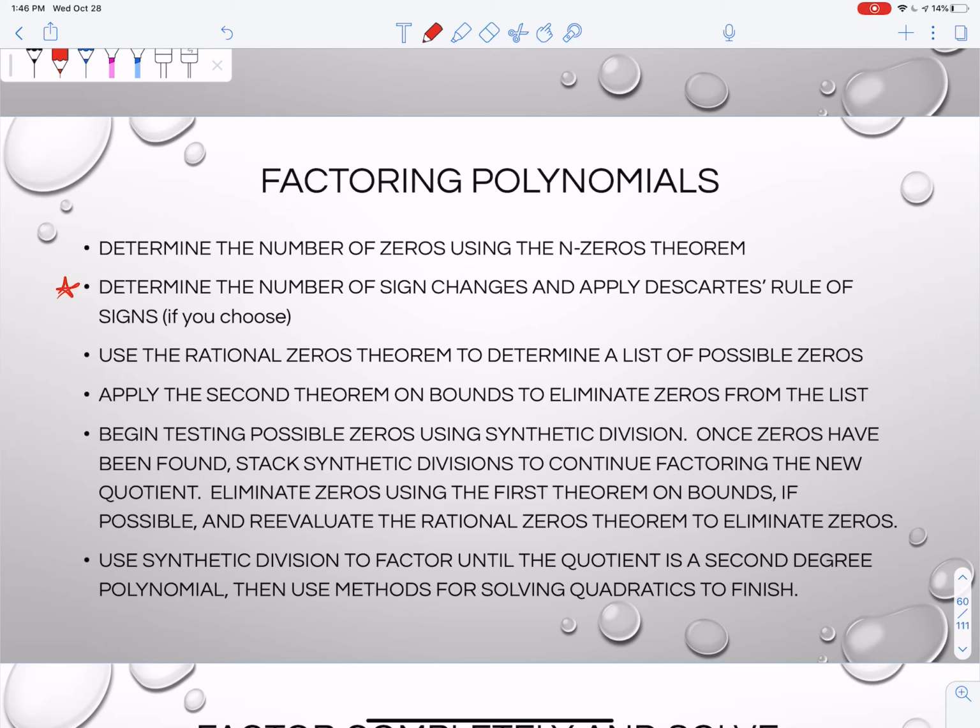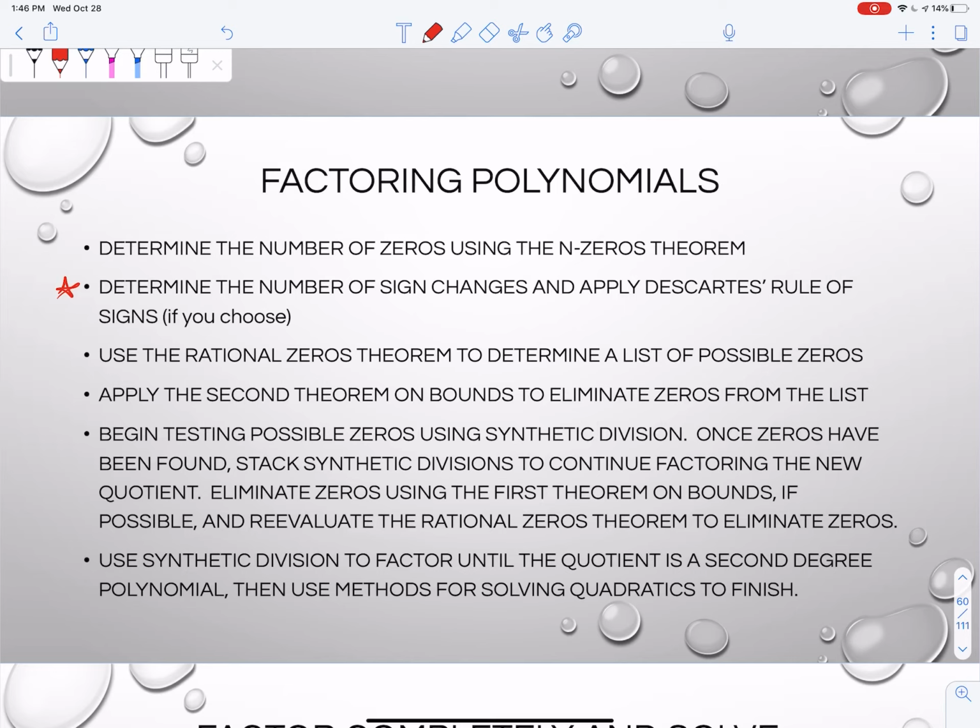All right, so the next one we're really going to use is the rational zeros theorem. We're going to come up with that list of possible zeros. We're going to apply the second theorem on bounds to eliminate zeros from that list. One note about the second theorem on bounds: if we have relatively small coefficients for all the terms, it is probably going to eliminate a lot of stuff.